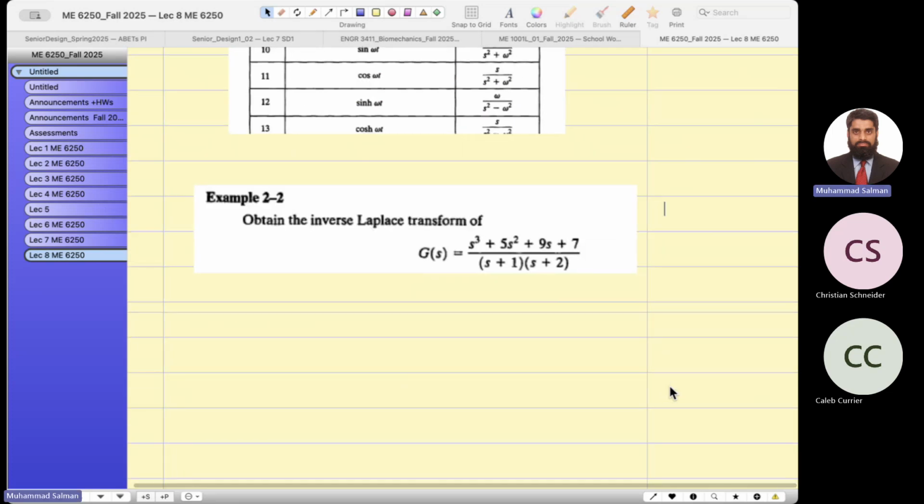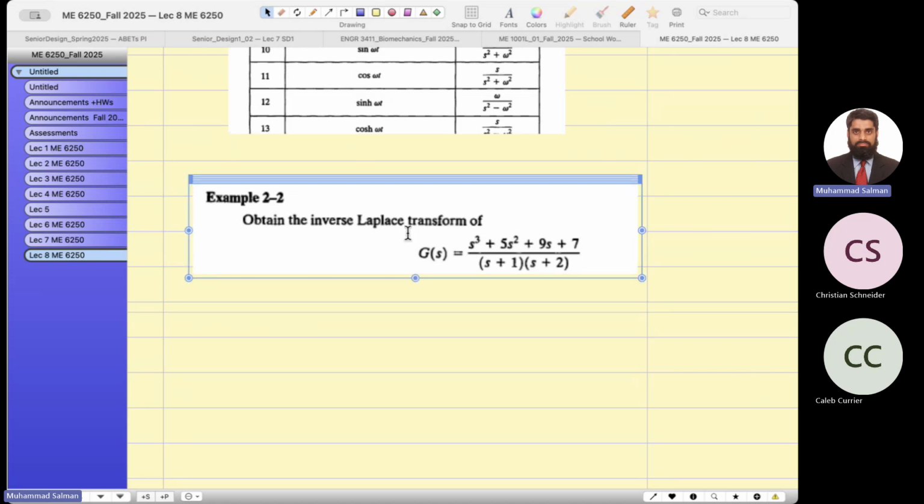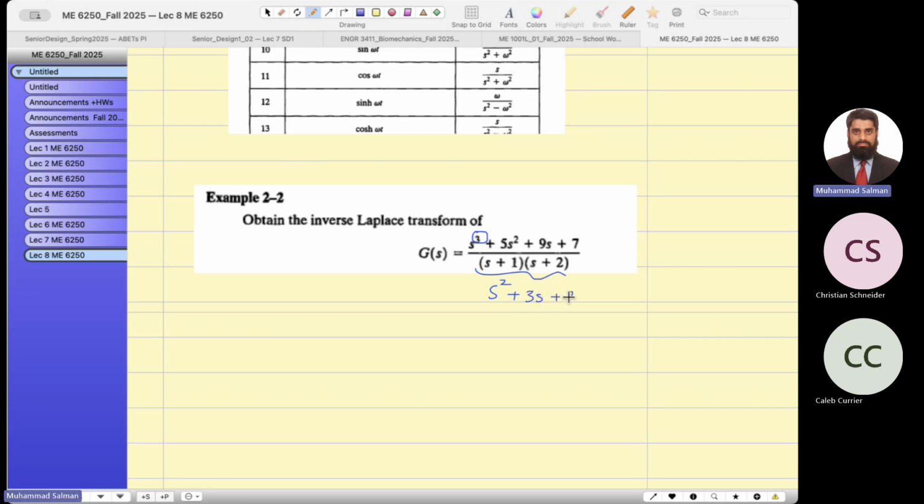Now, in this question, you see the numerator has a higher degree of polynomial. In that case, you have to do the long division method. When the numerator polynomial is higher degree than the denominator polynomial, then you have to do the long division. So what is this? s square plus 3s plus 2.